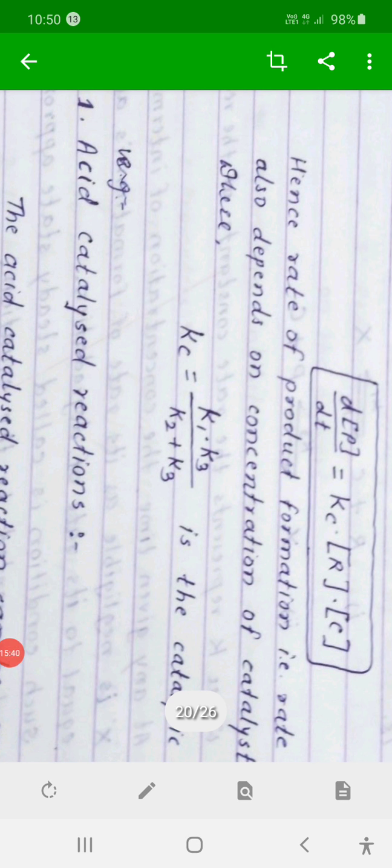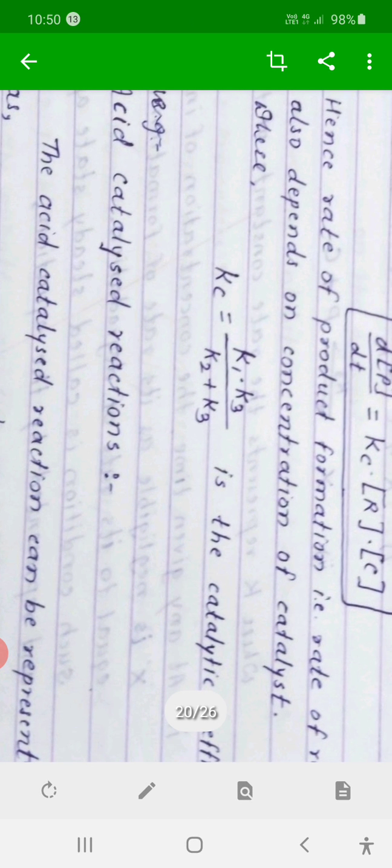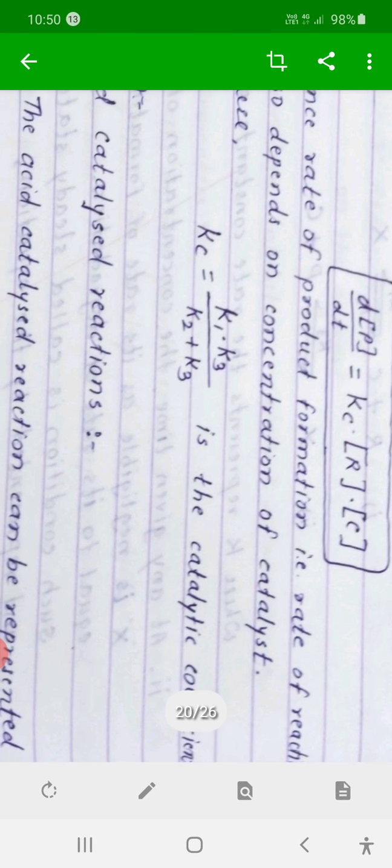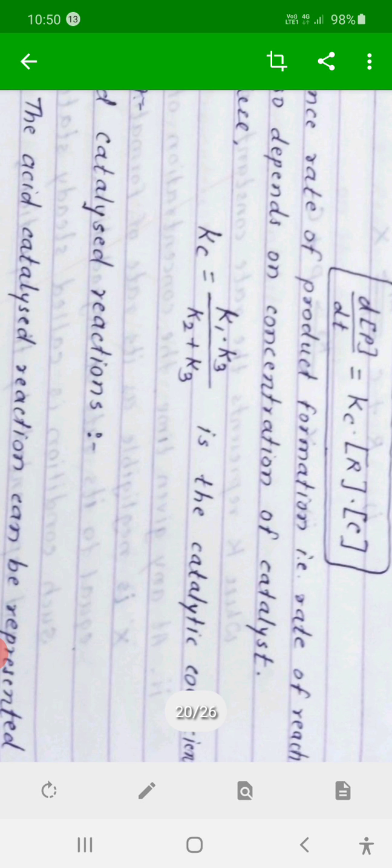Therefore, the rate of product formation, that is the rate of reaction, depends on the concentration of catalyst also.